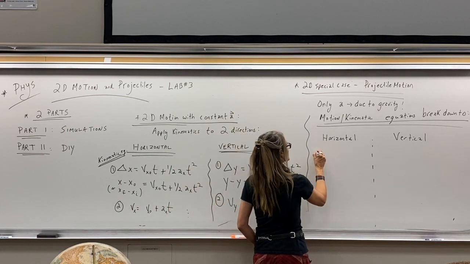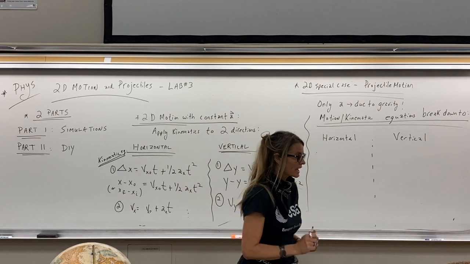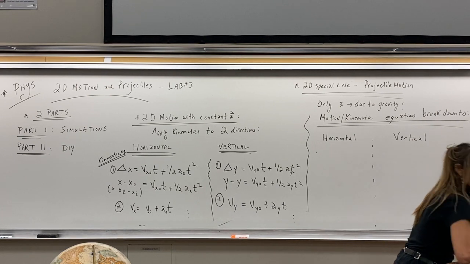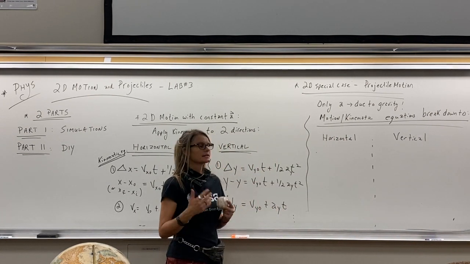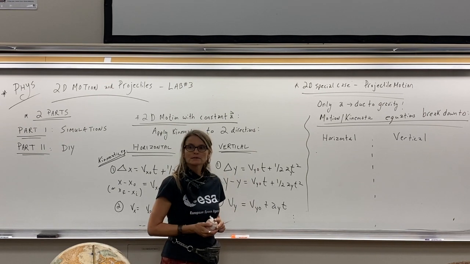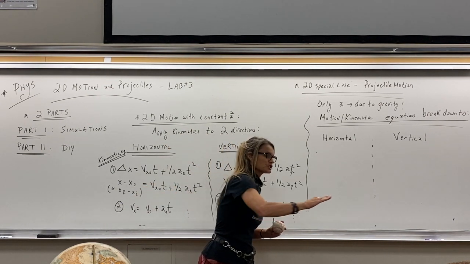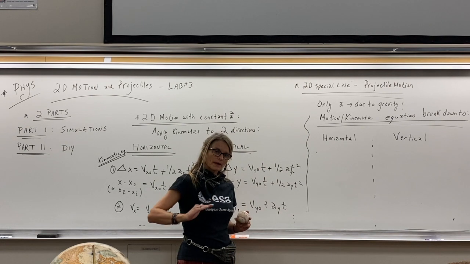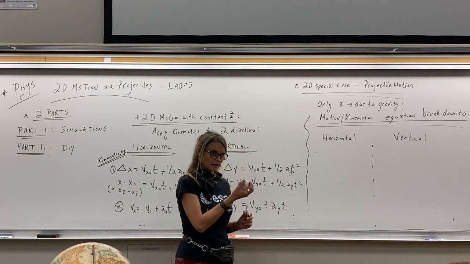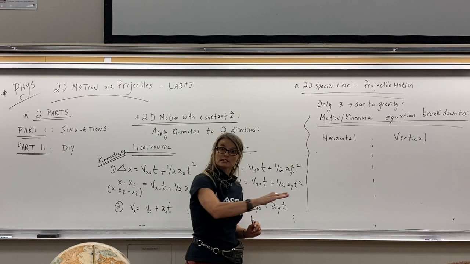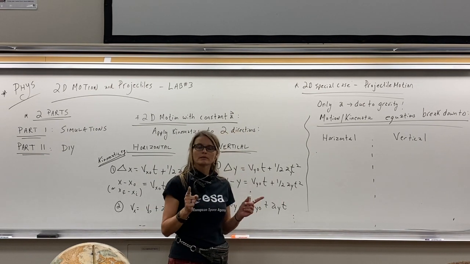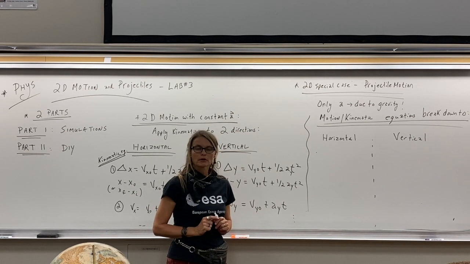So horizontally, if it's projectile motion, which means this applies to flying darts, dart guns, bows and arrows, any sort of projectile that you toss out that has some sort of horizontal velocity, like a baseball. So if I throw a baseball up in the air and it lands, it has both a horizontal component of motion and a vertical component of motion.